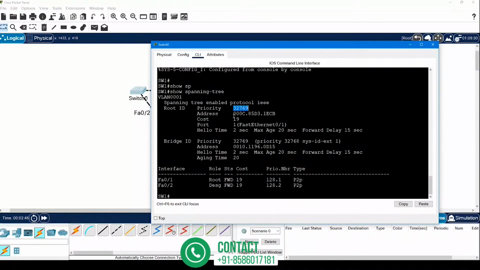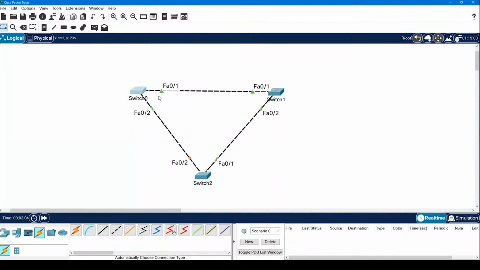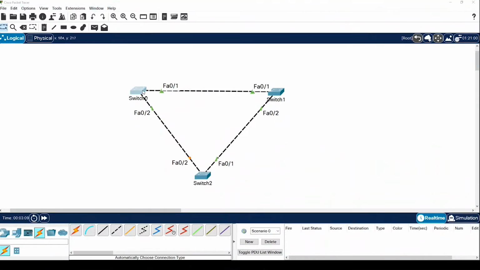Then it says that a root bridge is there with a MAC address of this value. The cost to reach the root bridge is 19, and the port which is connecting this switch to the root bridge is FA01. So this is the port which is connecting switch 0 with the root bridge.